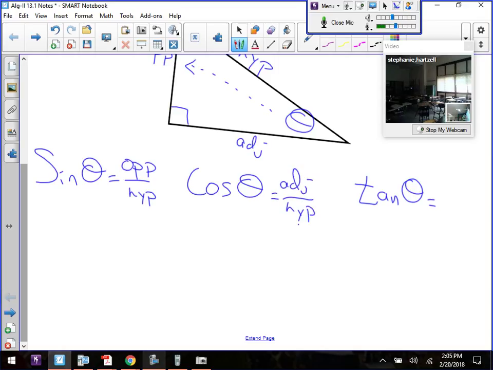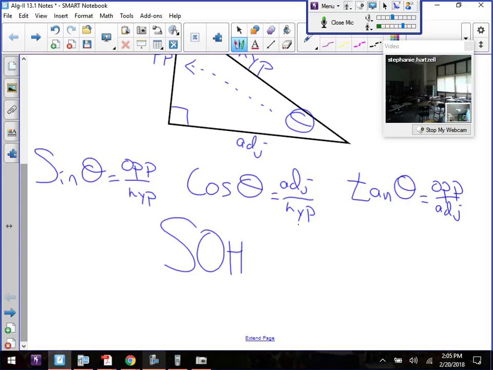And then last but not least, tangent was, and the really easy thing that we learned about this was SOHCAHTOA. When we use the acronym SOHCAHTOA, that just basically meant sine is opposite over hypotenuse, cosine is your adjacent over hypotenuse, tangent is your opposite over adjacent. No big deal. I know that all of you have done that before, and it hasn't changed.